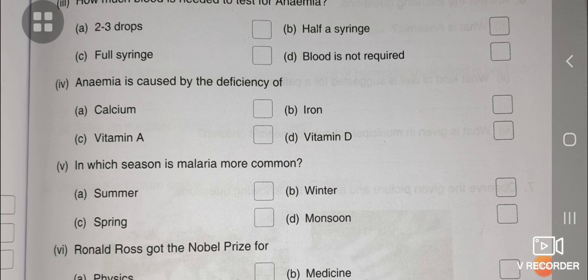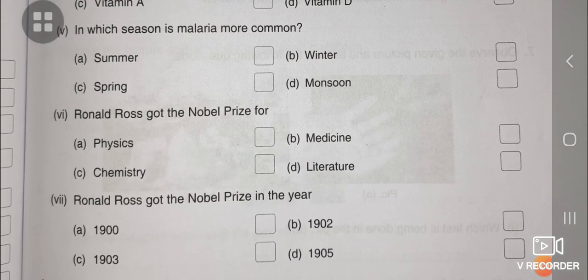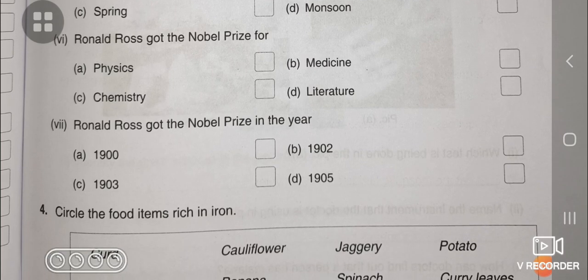In which season is malaria more common? Summer, winter, spring or monsoon? Ronald Ross got the Nobel Prize for physics, medicine, chemistry, literature. Ronald Ross got the Nobel Prize in the year.